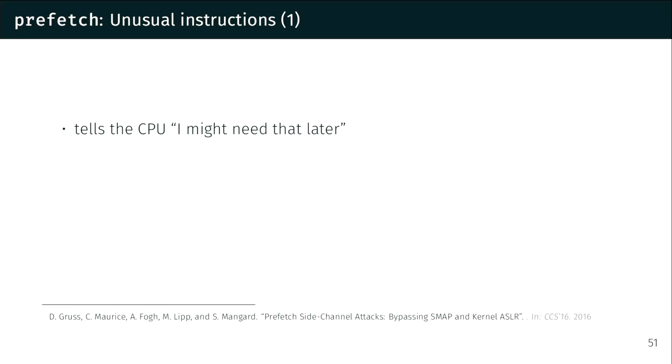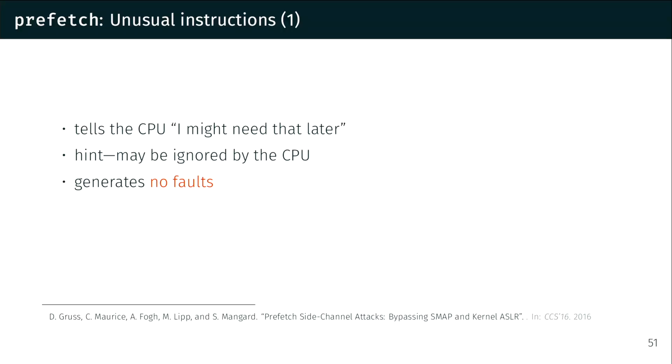However, we will need that later, because now we go back to prefetch and see what we can do with that. So prefetch is not a usual instruction, because it just tells the CPU, I might need that data later on. If you have time, load it for me. If not, the CPU can ignore it because it's busy with other stuff. So there's no necessity that this instruction is really executed, but most of the time it is.